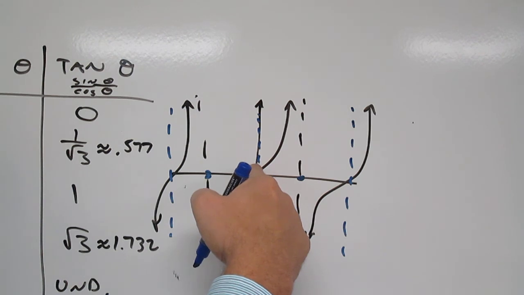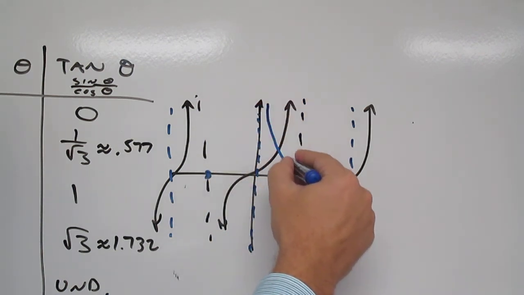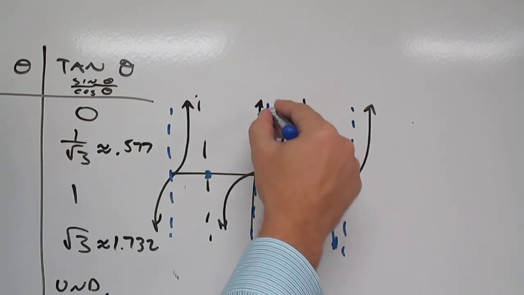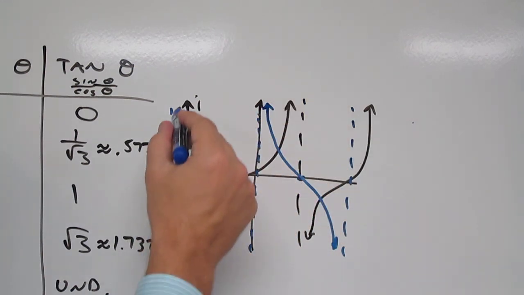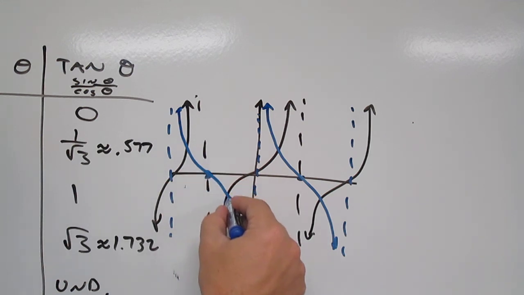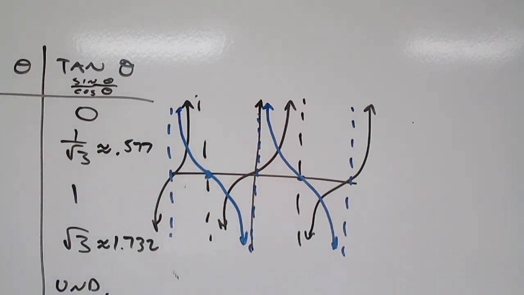If I flip something close to 0, it's going to be a big number. So it actually looks a lot like tangent, but it's going in the other direction. Instead of having zeros, it has asymptotes, and instead of having asymptotes, it has zeros. So both tangent and cotangent have this shape that you're seeing on the screen.